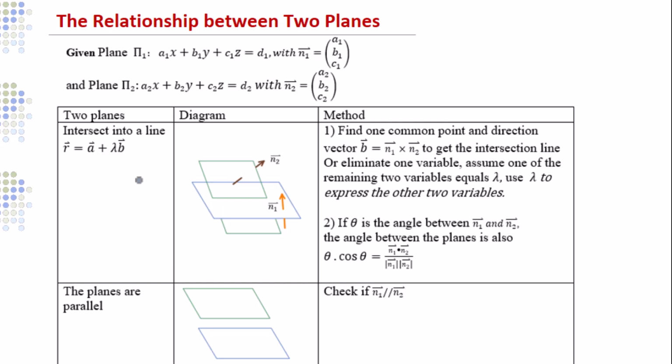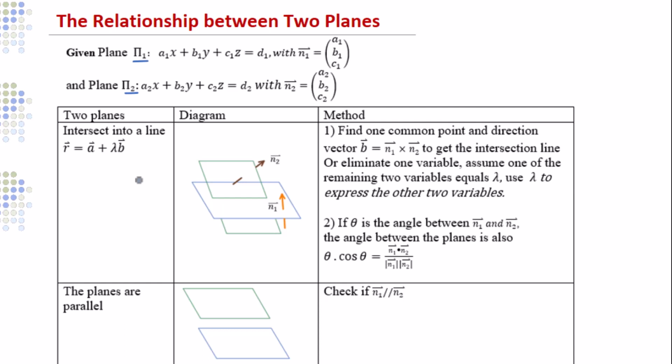This video is about the relationship between two planes. Given planes pi1 and pi2 with the normal vectors a1, b1, c1 and a2, b2, c2 separately.